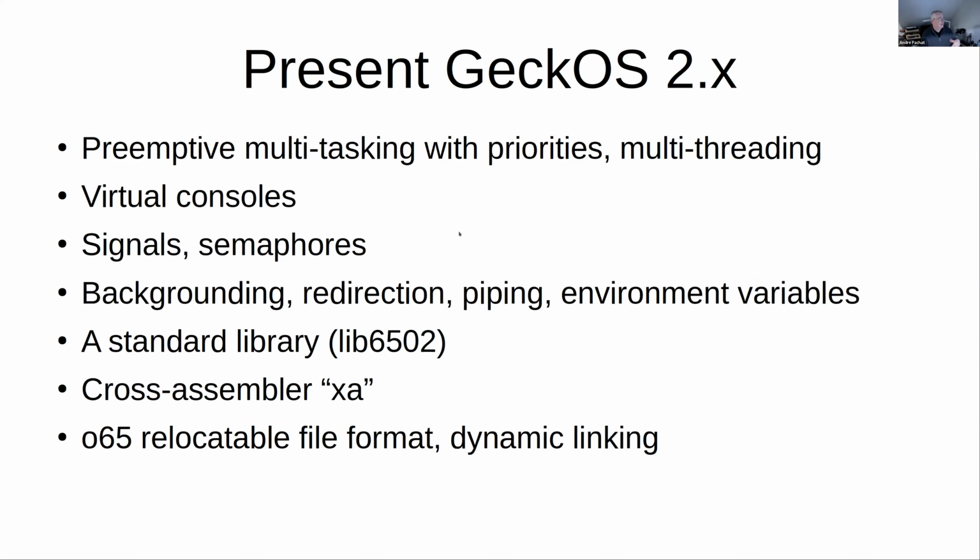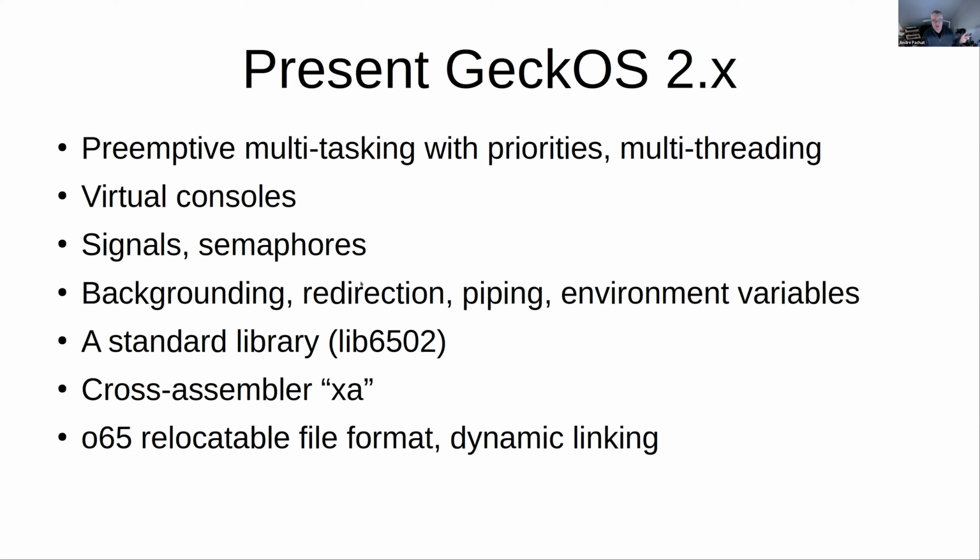So what other features have been in 1.0 already? There are priorities. You can decide how many time slices a task can get. You have virtual consoles. We've seen that in OS 128 as well. Signals, semaphores, backgrounding, redirecting, piping.